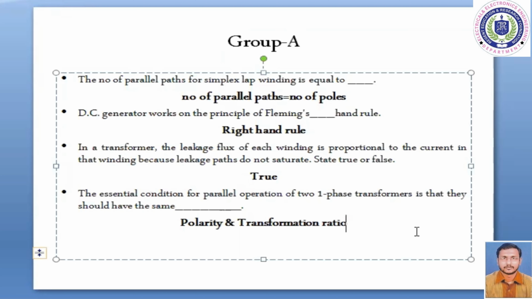Among these 4 conditions, 2 are essential and the rest 2 are desirable. The essential conditions are that the transformers should have the same polarity and the same transformation ratio. So the correct answer is polarity and transformation ratio.